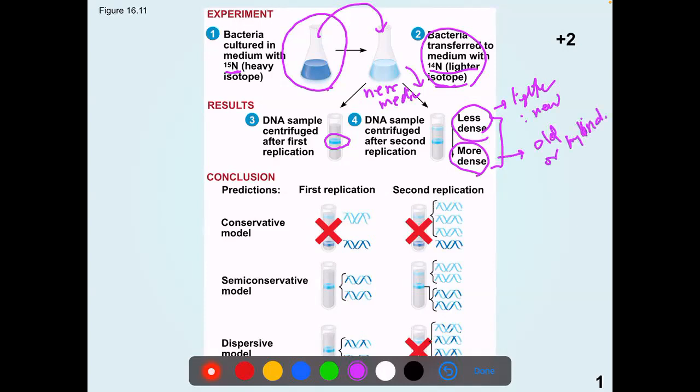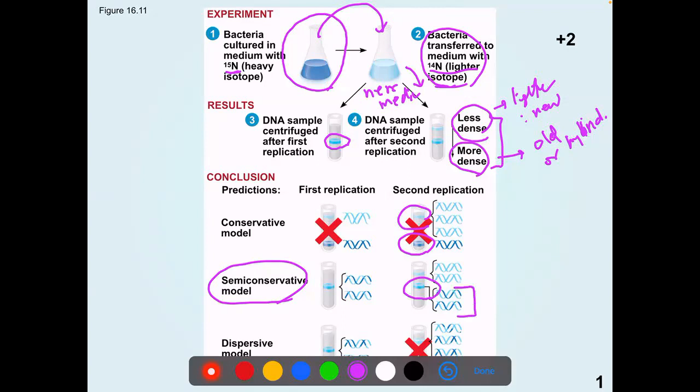If the conservative model is correct, then you will see two bands, a lighter band and a heavy band, because there's no mixture. But if the semi-conservative model is correct, then in the beginning they will have heavy DNA, but after one or two rounds of replication, you will have two bands show up.